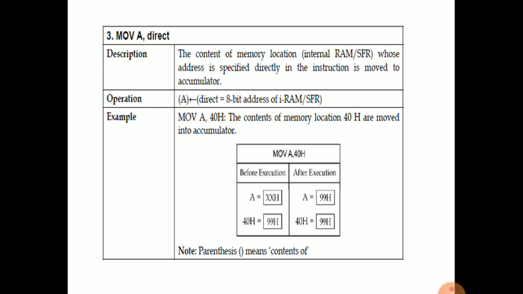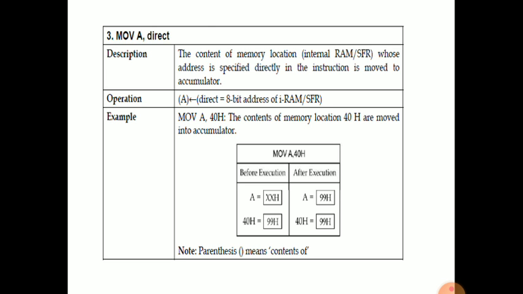So first we have an 8-bit address of internal RAM or SFR available, on which address we have some contents. That 8-bit data will be available at that place, and it will be copied to the accumulator register.